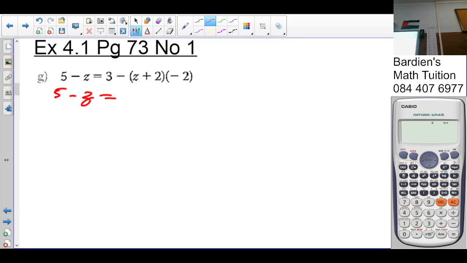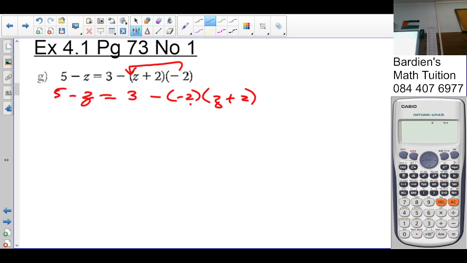Equals? 3 into negative 2. Negative 2 here, z plus 2. Okay, carry on. Nice. You just brought that to the front.